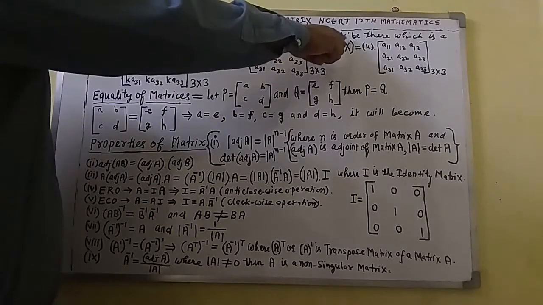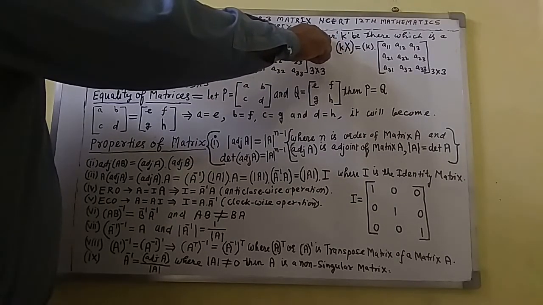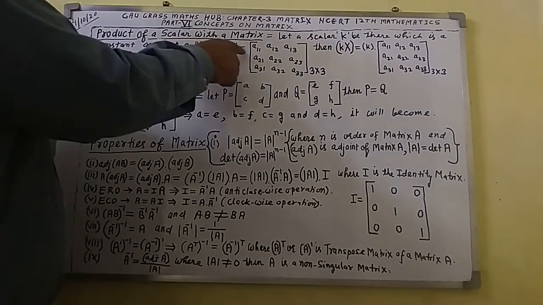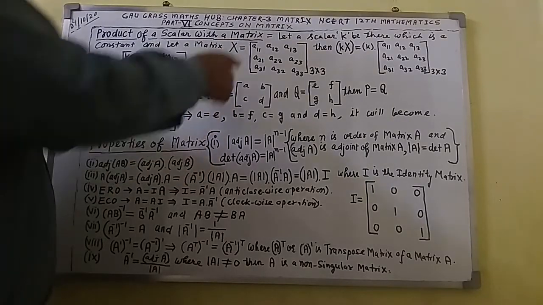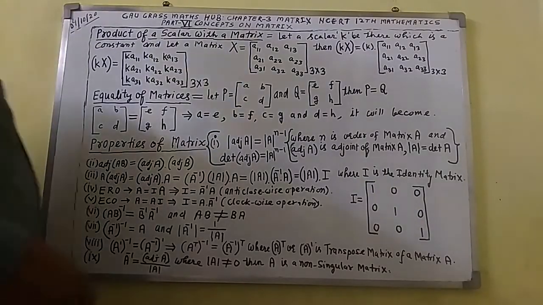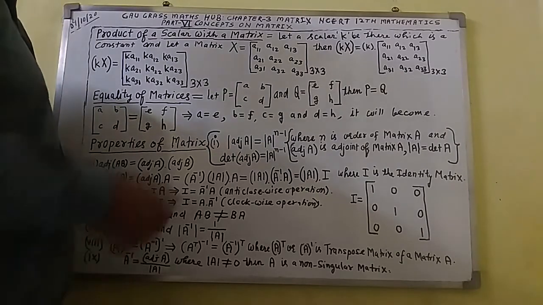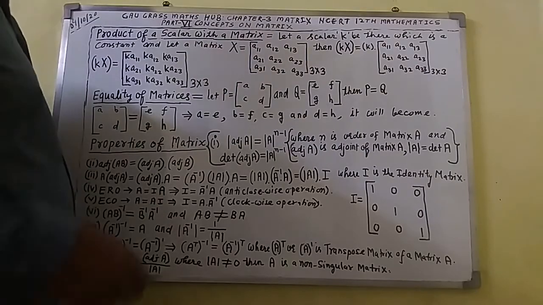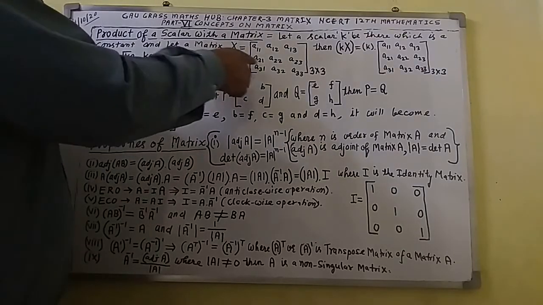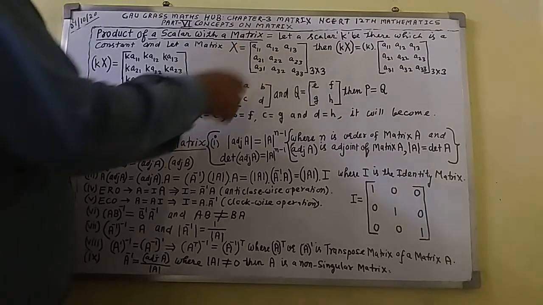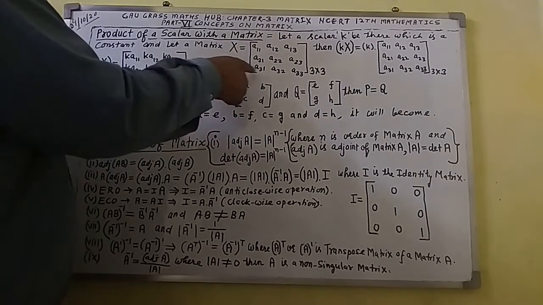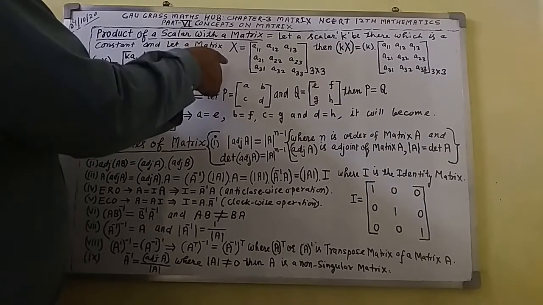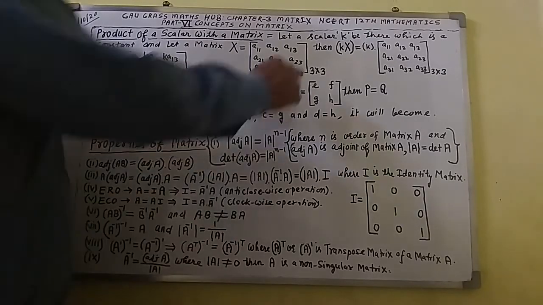Here you can see small k is a scalar which is constant, and let a matrix capital X equal to, in square brackets, the elements of the first row A11, A12, A13, the elements of the second row A21, A22, A23, the elements of the third row A31, A32, A33. The capital X is a matrix of order 3 cross 3.